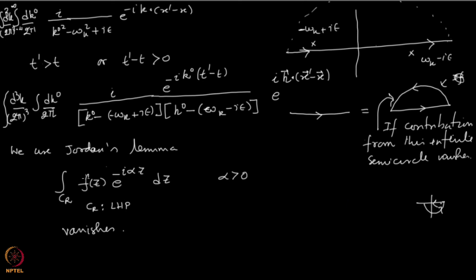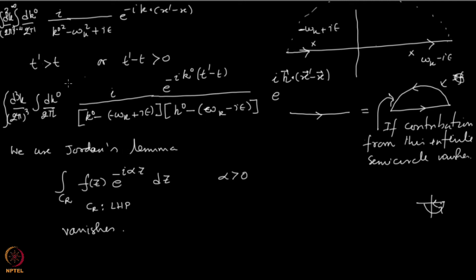And this is very useful for us, because look at the situation here. Instead of z, what we have is k 0. We are in the complex plane of k 0, and t prime minus t is what is alpha here, which is positive. So you have e to the minus k naught times whatever here, and the function goes faster than 1 over mod of k naught, actually it goes as 1 over k naught square.